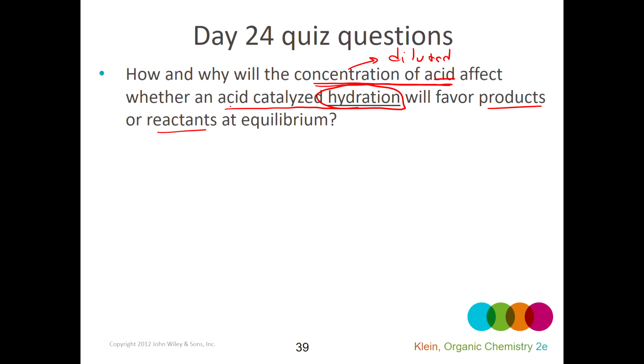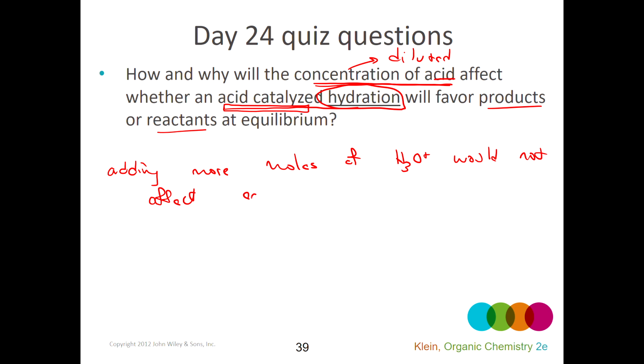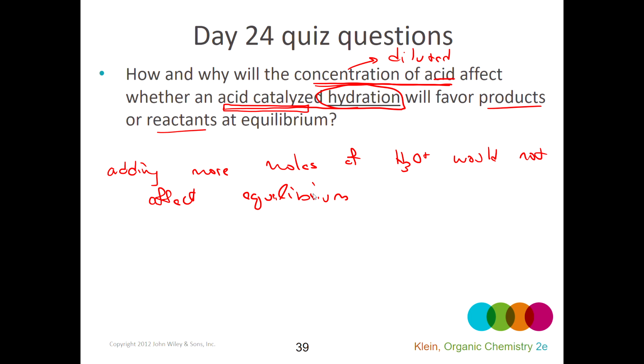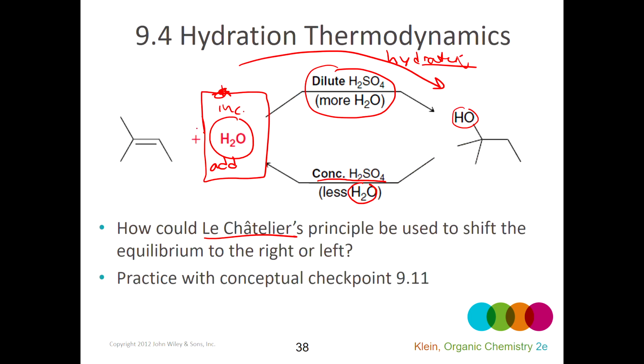So it's not necessarily about adding more moles of catalyst, just to make that clear. Adding more moles of catalyst would not affect the equilibrium, because a catalyst is not a reactant, nor is it a product.